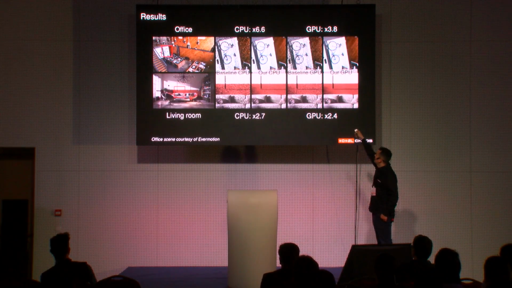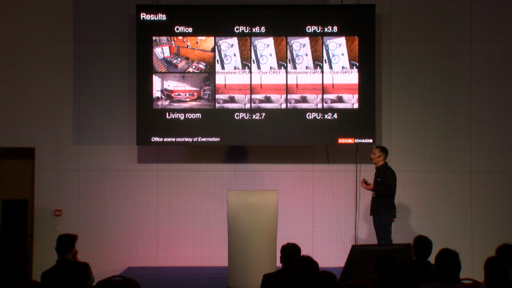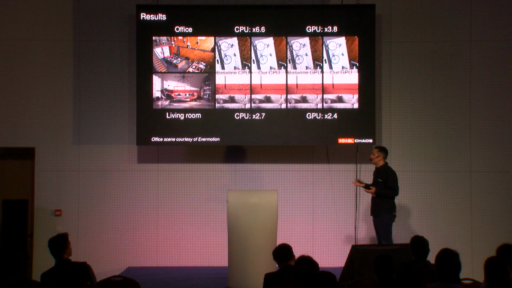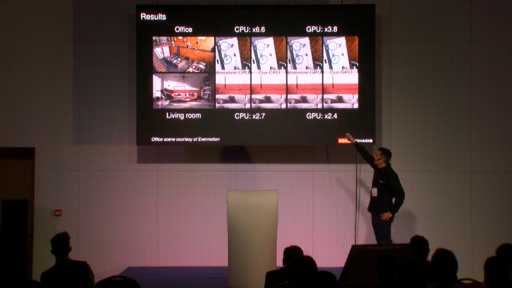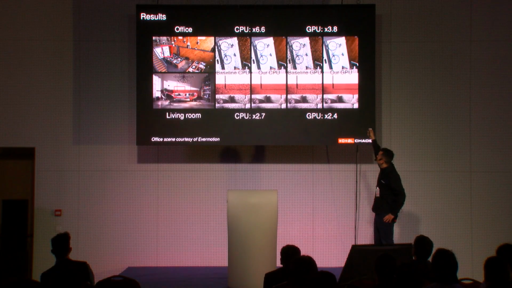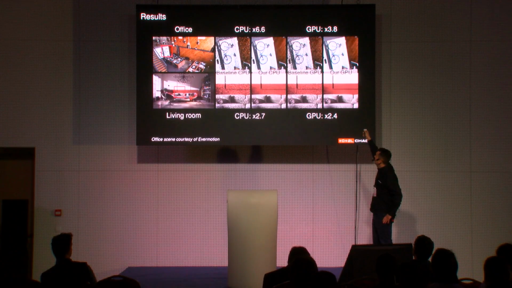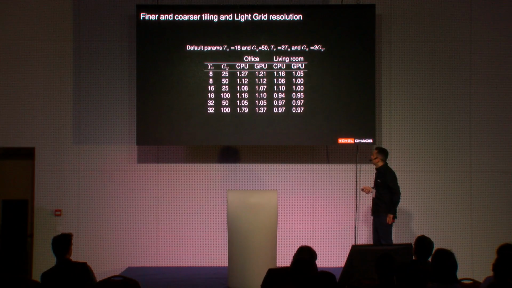Times here are measured for the two solutions, our previous solution and our new solution, for a comparable noise level. So you can see that we are 6 times faster than before on the GPU, and almost four times faster for the office scene.